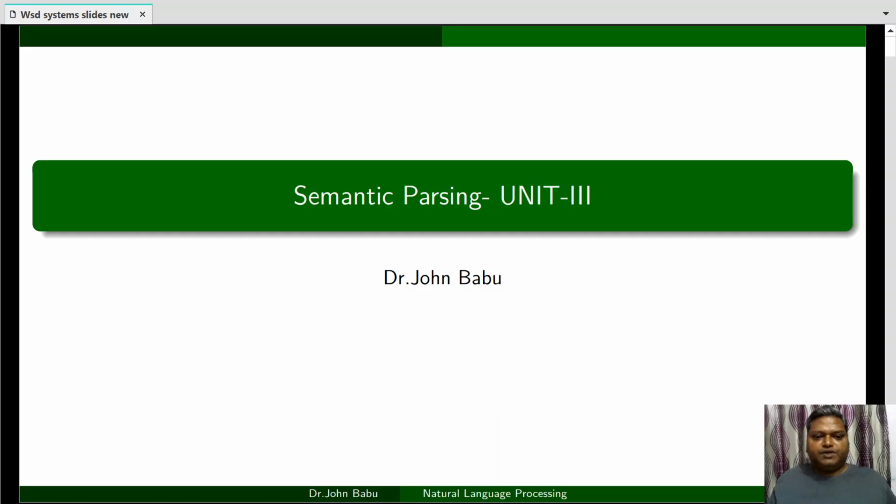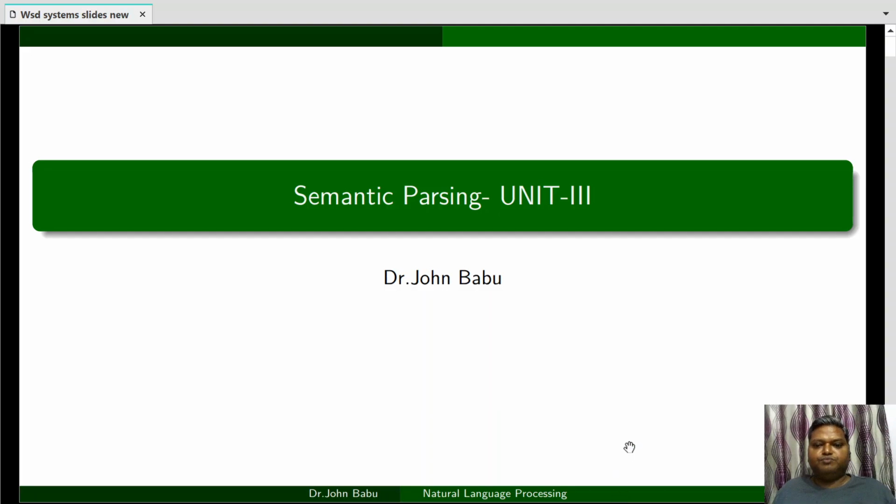Once again, welcome back. This is a continuation of our discussion of word sense disambiguation in the third unit of the NLP. In the previous lectures, we have seen what word sense disambiguation is and what resources are used for it.